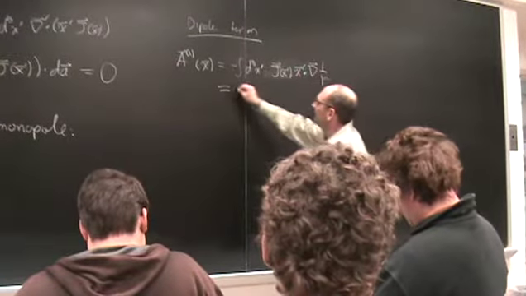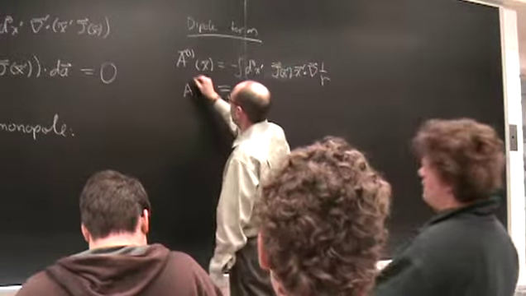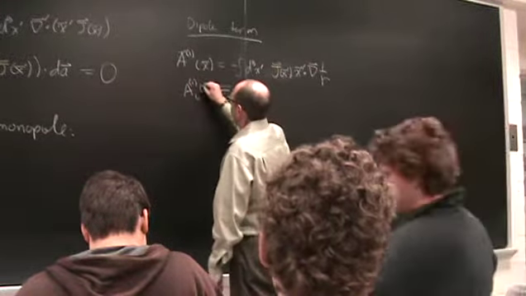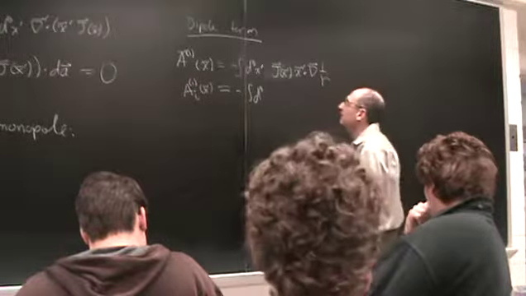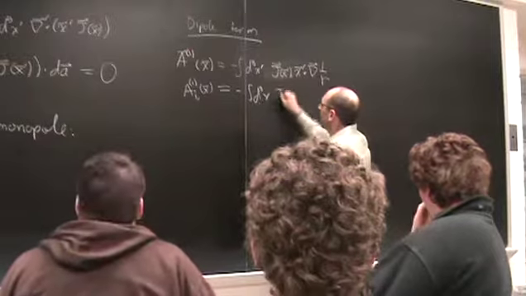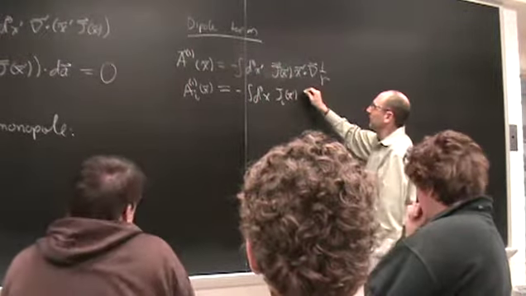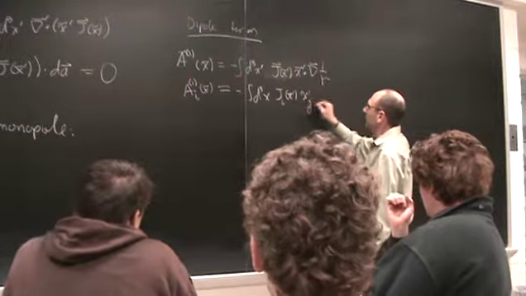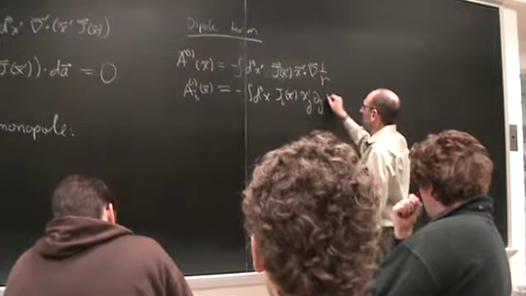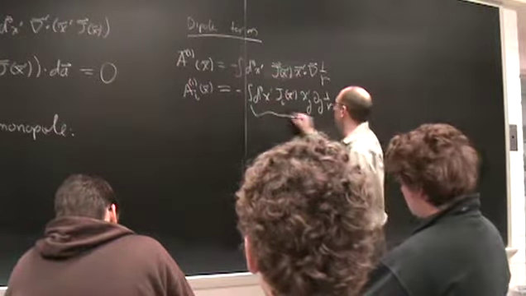So this is minus, let's look at the ith component of the dipolar field, or dipolar vector potential. So that's the ith component of J. And then we have this dot product, so new dummy variable, and this is integral over x prime.